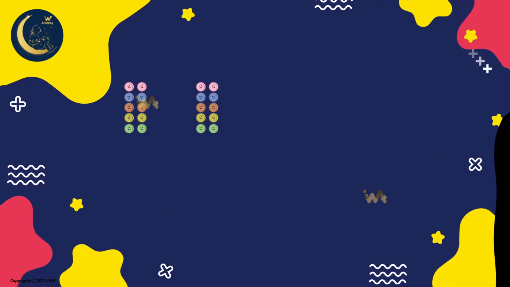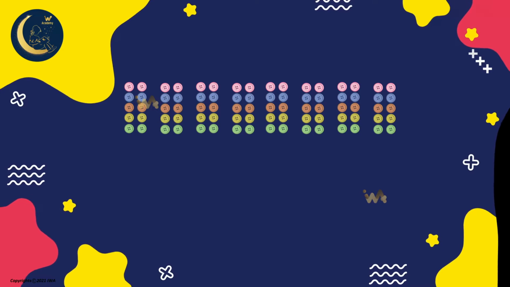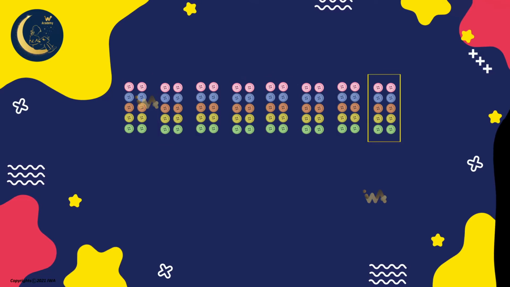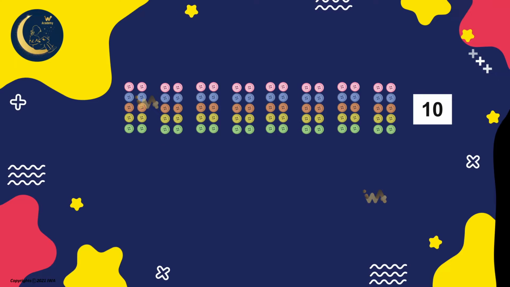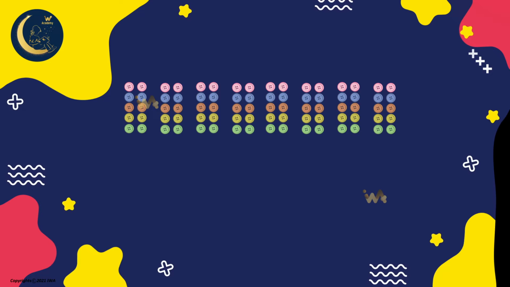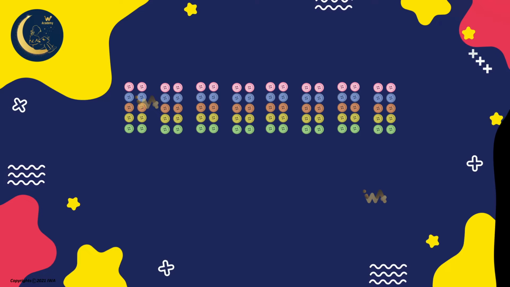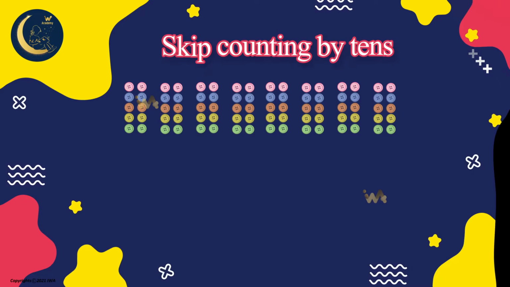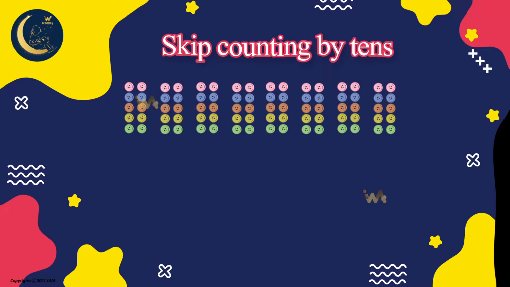Now look at these buttons with me. We want to count all these buttons. Have you noticed that each group is made up of 10 buttons? So what method should we use to count the buttons? Well done. Skip counting by tens. This is because each group consists of 10 buttons.